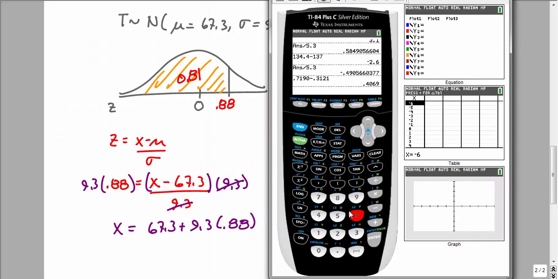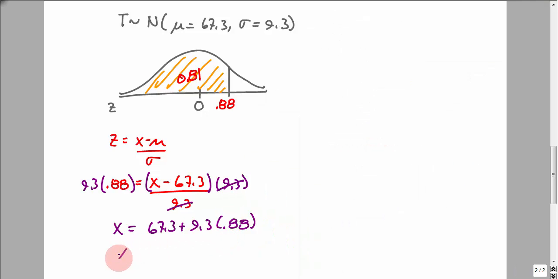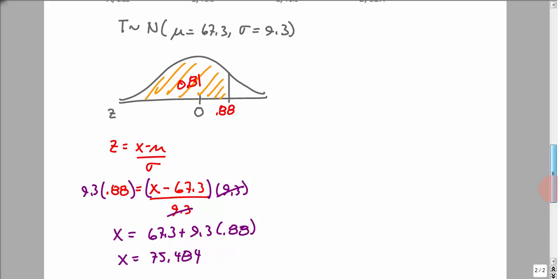So we have 67.3 plus 9.3 times 0.88. We get 75.484. So this is the value that separates the lower 81% of scores from the upper 19% of scores.